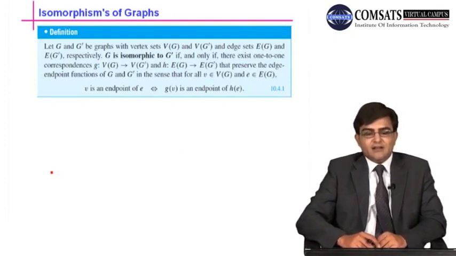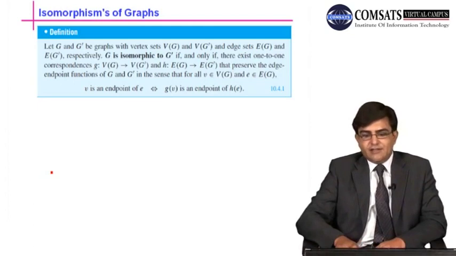Let G and G dash be graphs with vertex sets V of G and V of G dash, and edge sets E of G and E of G dash respectively. G is isomorphic to G dash if and only if there exists a one-to-one correspondence g between the vertices of G and the vertices of G dash, and h between the edges of G and the edges of G dash.